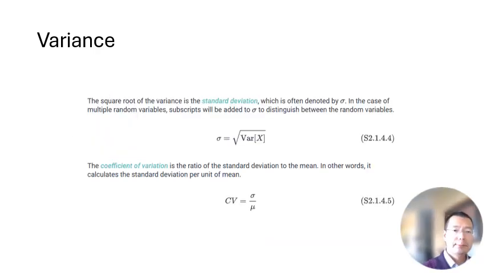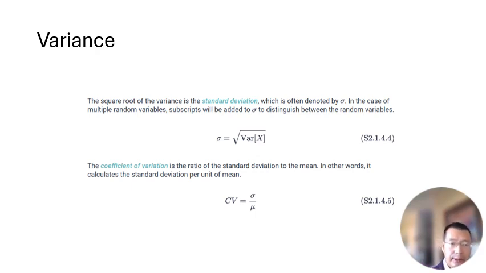The next two concepts are related to variance. The square root of the variance is the standard deviation, which is often denoted by omega. In the case of multiple random variables, subscripts will be added to omega to distinguish between the random variables. The second one is the coefficient of variation.